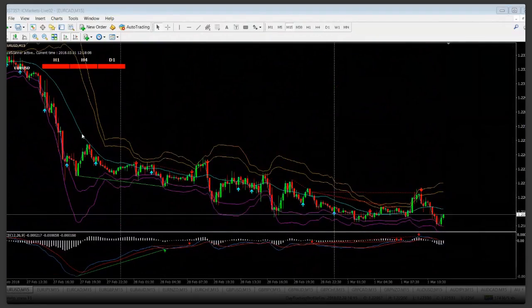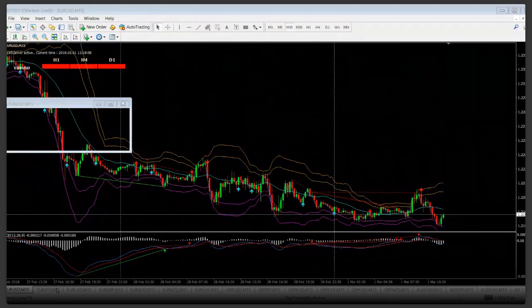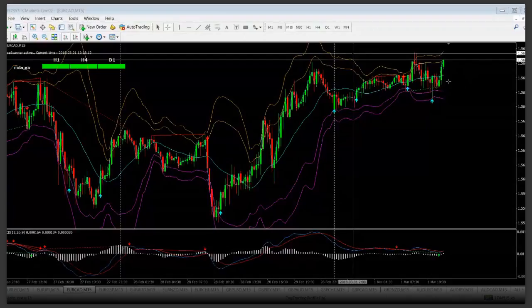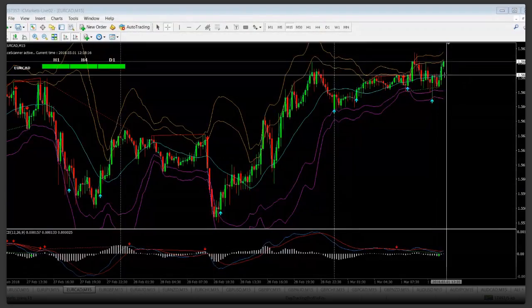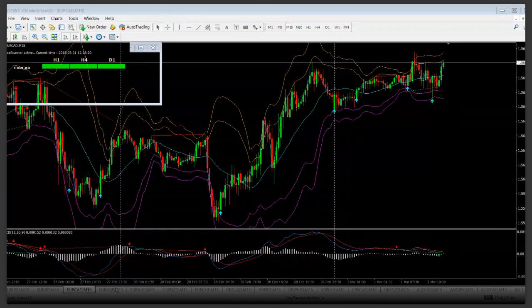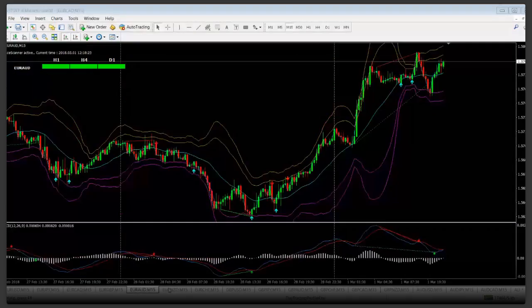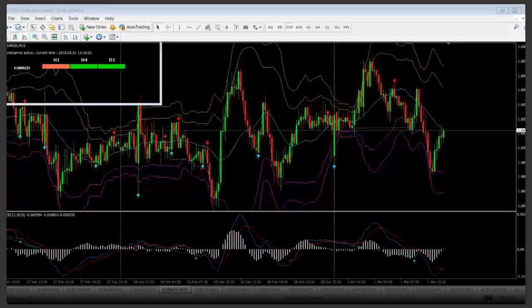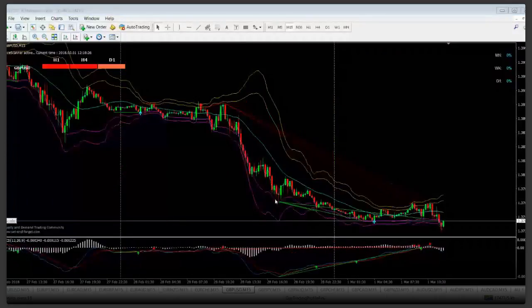Not bad. There's a Euro USD, come up. Look at the Euro CAD. British pound again. Again, my target today is 40, 50 pips. Get it, and we will stop trading.